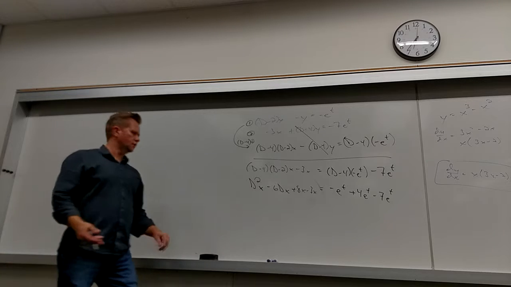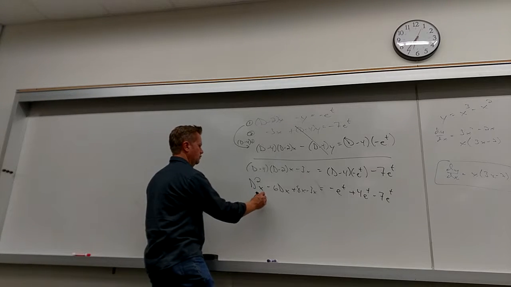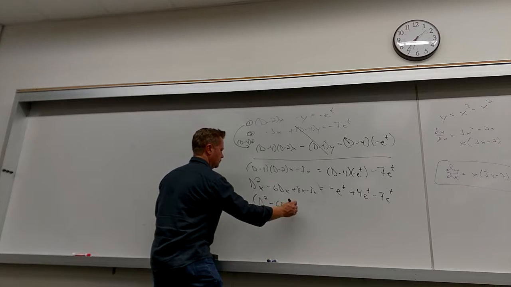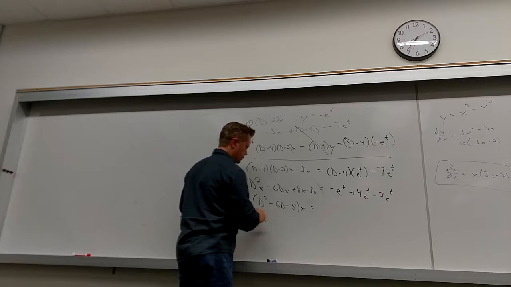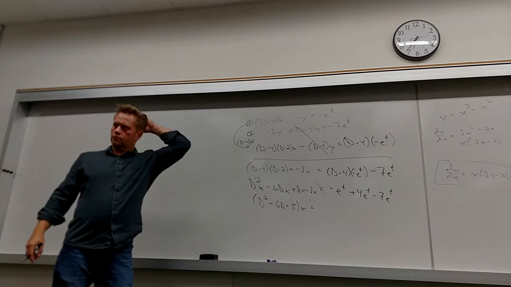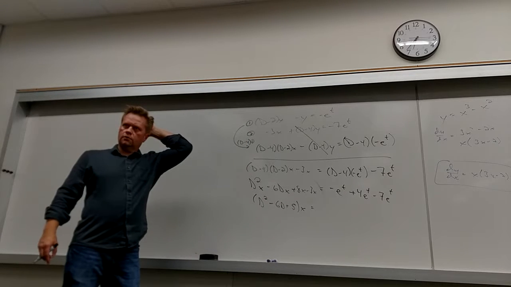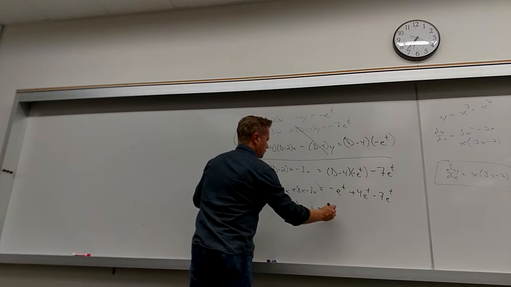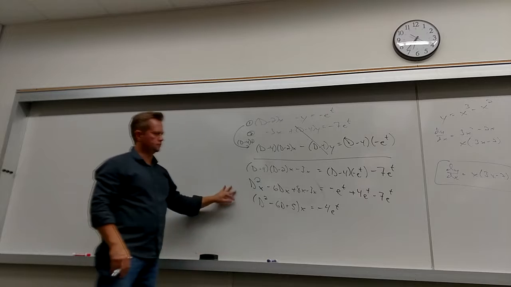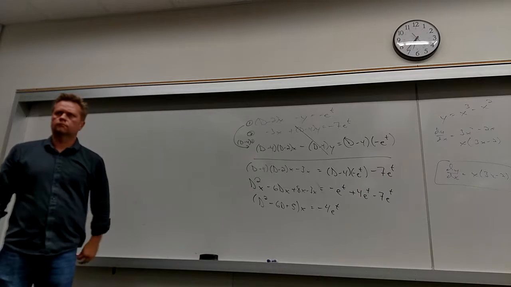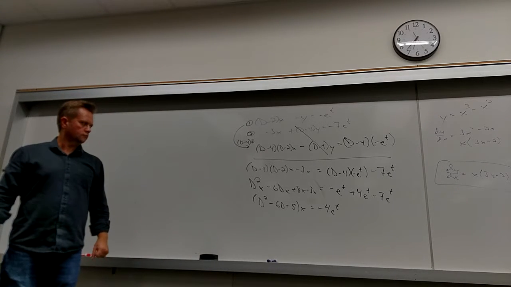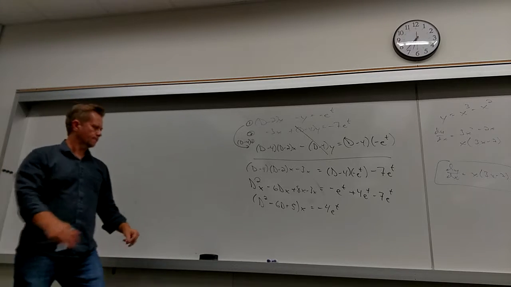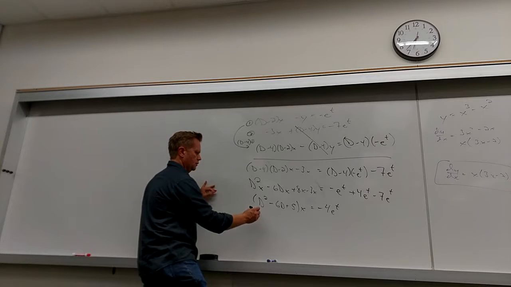And what's nice is if you leave this in this form, you can actually see the auxiliary equation there. Right? Let's see what I get there. Negative 4.